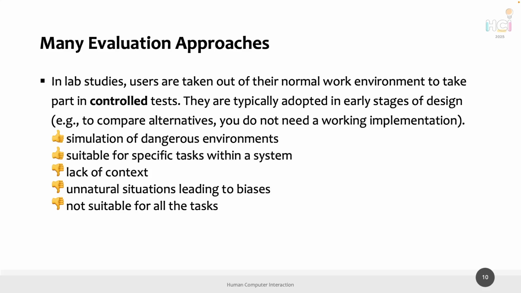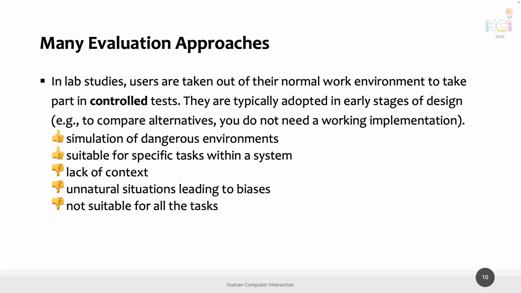Okay? So again, to summarize, there are pros and cons, of course, for every evaluation approach. For lab approaches, as a pro, you can simulate dangerous environments. It's suitable for specific tasks within a system. So you cannot probably test the whole system, but you can test different parts of it. But there are also drawbacks.